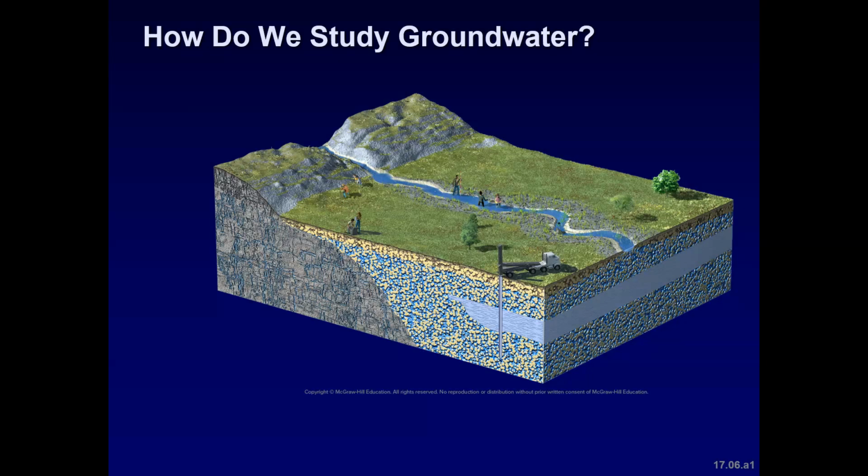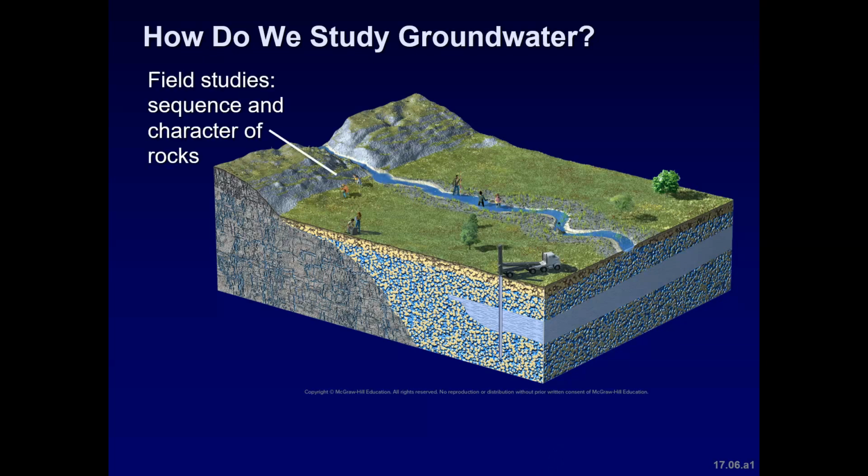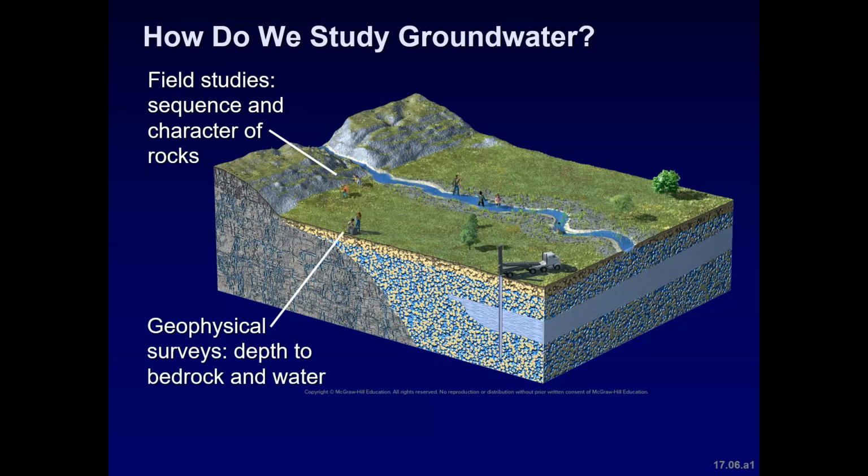All right, how do we study groundwater? Well, you can do field studies to look at the sequence and character of rocks that actually hold groundwater. Geophysical surveys can be done as well. We need to know the depth to bedrock and to water in the saturated zone, the aquifer.